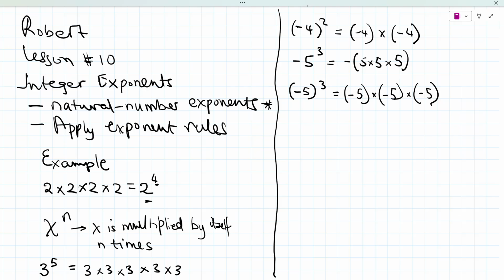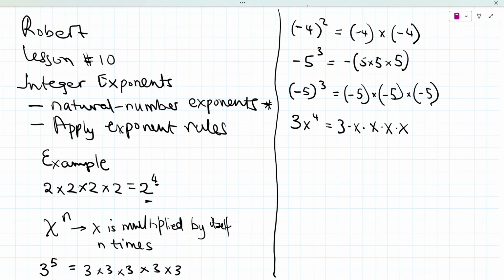So let's look at another example. If we had a number like 3x to the power 4, this means 3 multiplied by x multiplied by x multiplied by x multiplied by x.